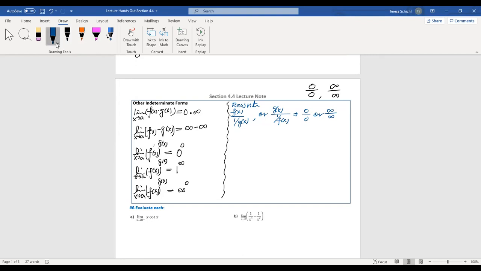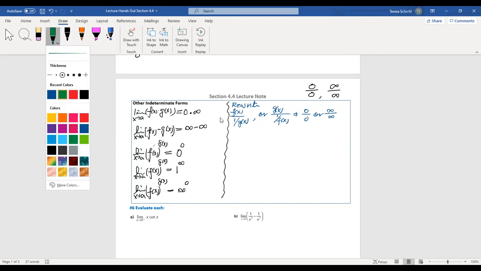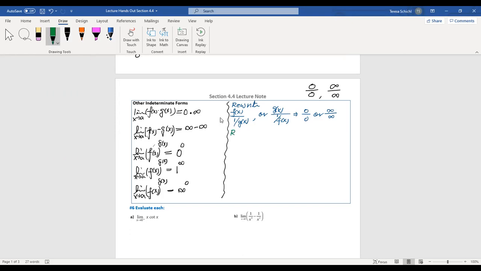Now how about if I have infinity minus infinity? Our strategy is still to rewrite this as f of x minus g of x.